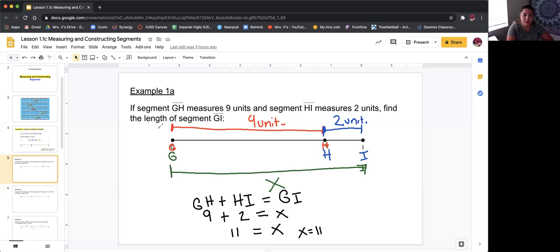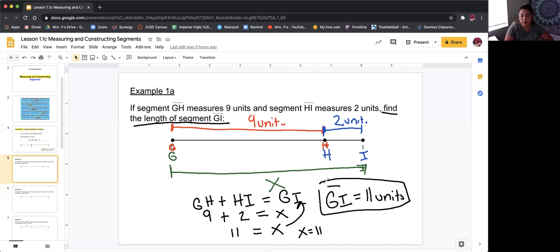It's saying for us to find the length of segment GI, and GI here is equal to X. So that means that GI equals 11 units. And don't forget your measurements, okay? So this is our first example. Now let's move on to the next example. I'm going to clear this out.